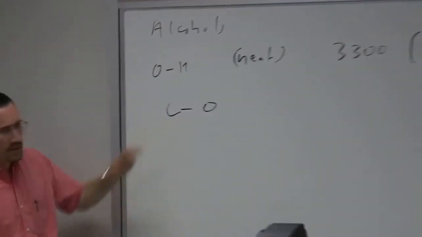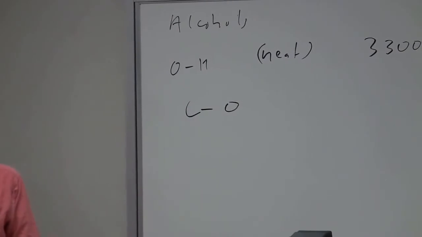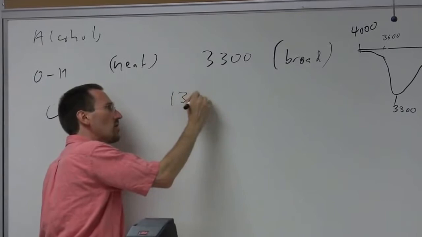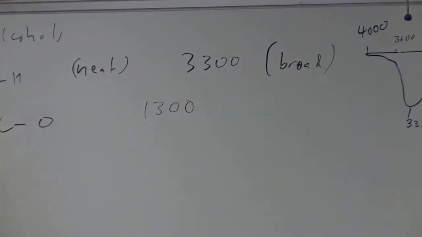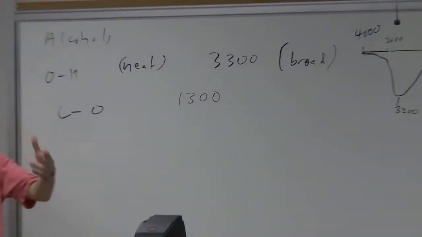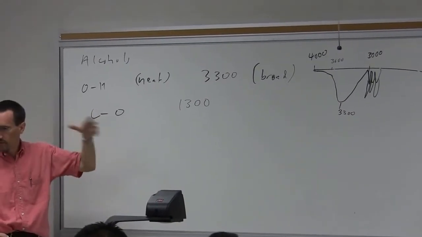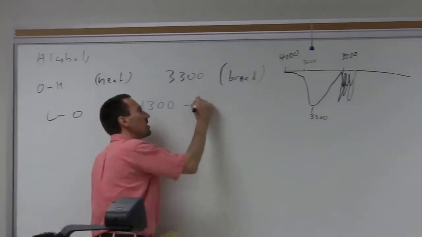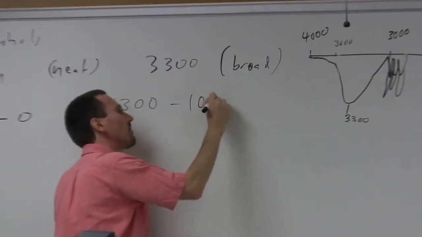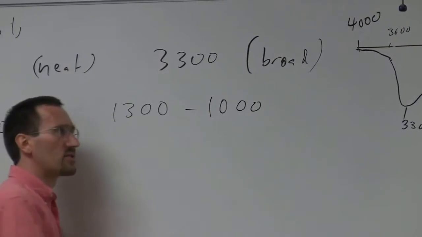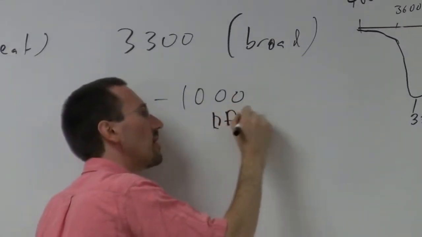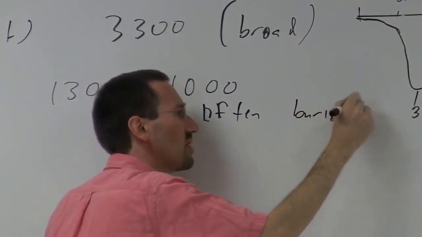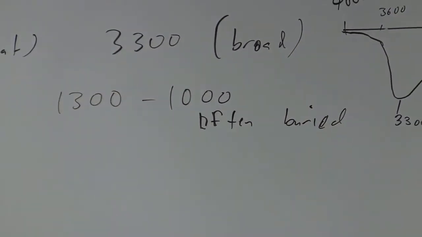As I said, I'm not putting so much emphasis on the fingerprint region. You can sometimes look for corroboration. The CO single bond, we talked about it last time in comparison to a double bond when we were talking about a harmonic oscillator, frequencies, and the bond strength for single versus double bonds. So usually somewhere between about 1300 and 1000, but I'm going to say often buried in other stuff, and even more so in bigger molecules.